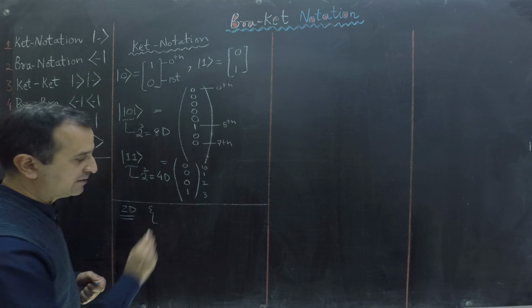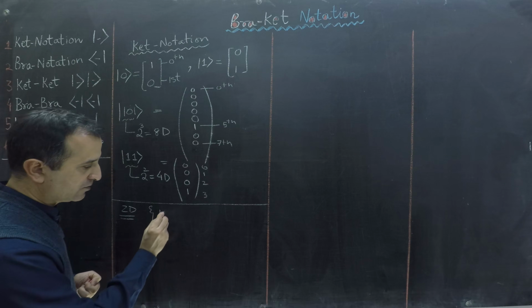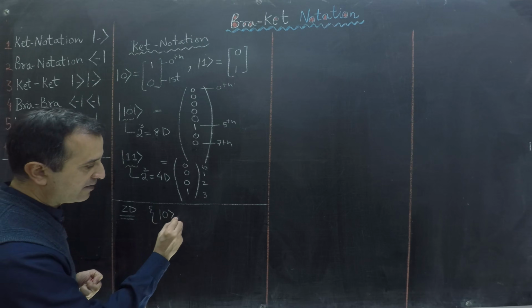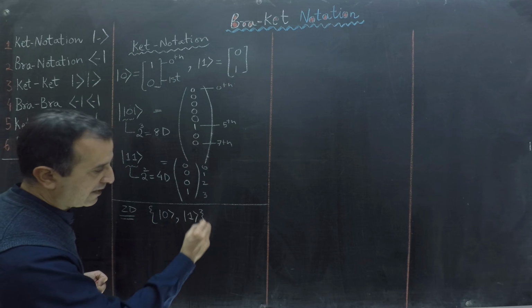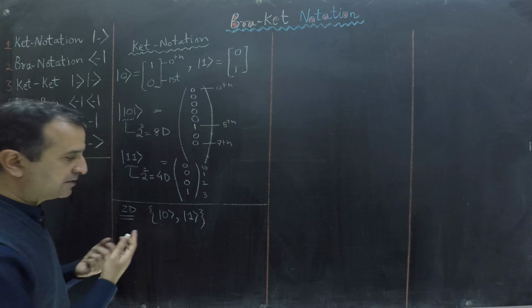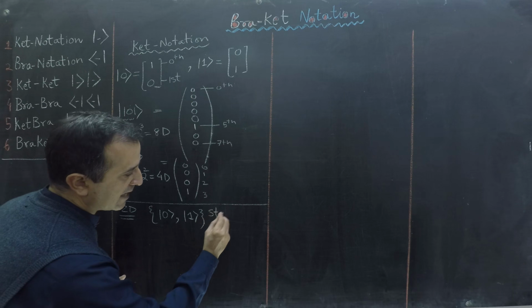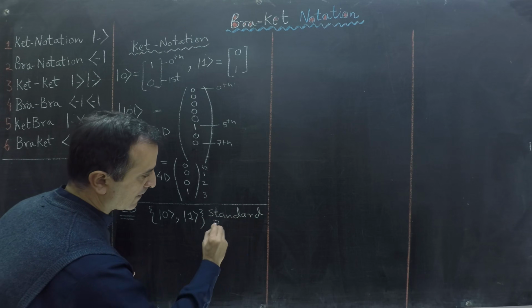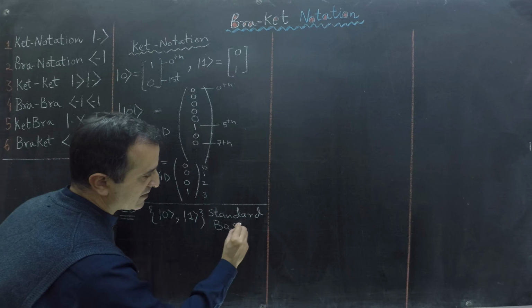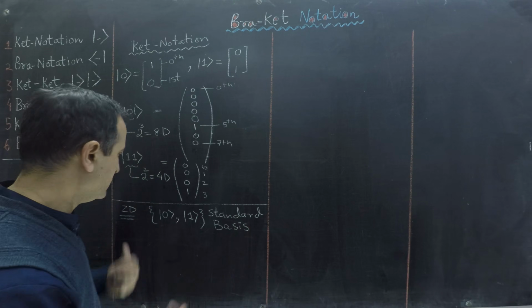Here we can express standard basis using Ket notation. So these are our basis vectors in 2 dimension, and this is very easy to understand. Standard basis, which is also sometimes known as computational basis.